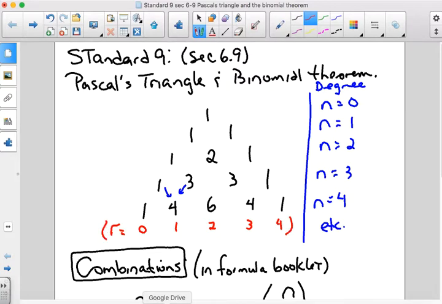So if I have 4 items right here, taken 3 at a time, the result is going to be 4. So that's how that kind of connects to that piece right there. So this is our answer for that question. Okay, so there's a basic example. We're going to take a look at one more.